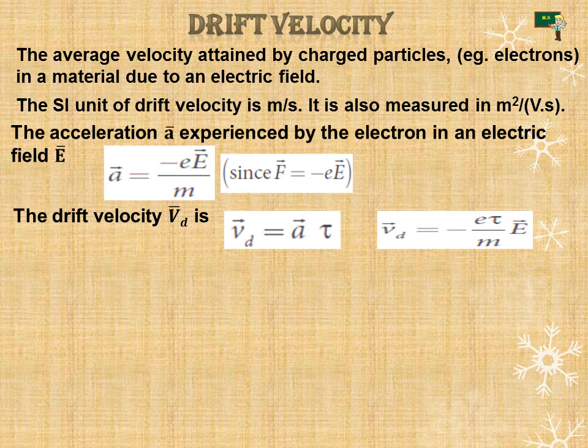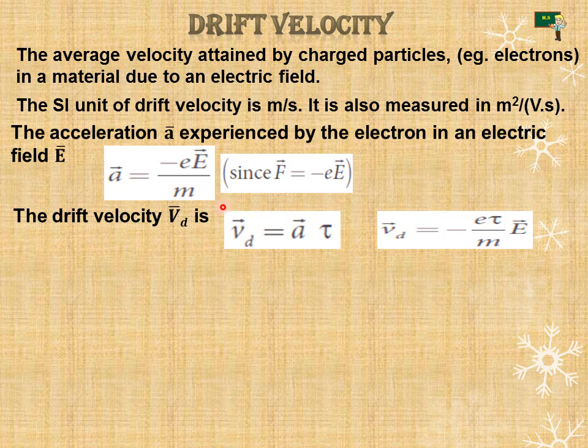Since F is equal to minus e into the electric field, the drift velocity Vd is equal to a vector into tau. That means Vd is equal to minus e tau divided by m into capital E vector.